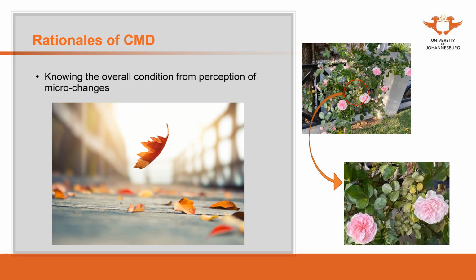So these are all micro changes, very small changes. We need to gather the small changes and conclude the causes to understand the status of your health. So this is the diagnostics. That's why we use the four diagnostic methods of observation, smelling, inquiry, and palpation. These methods try to find small changes, and from these small changes, we want to understand the overall health of our human body.